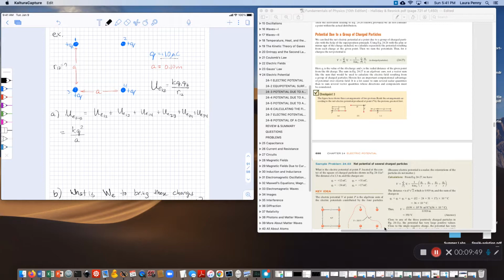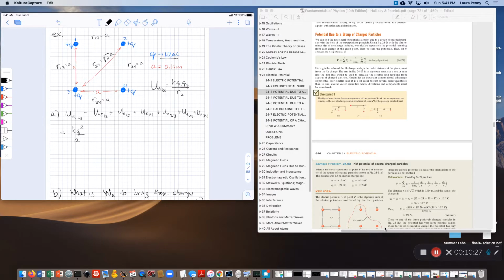R12 is a, R13 is a, R34 is a, and R24 is a. But R23 is the square root of 2 times a, right?